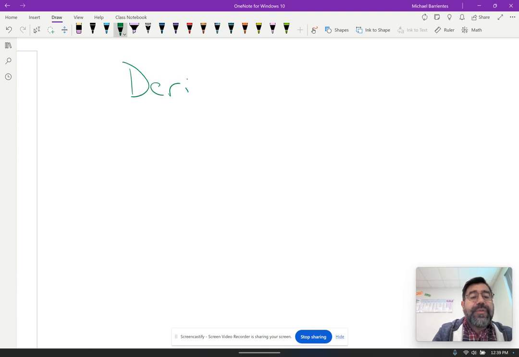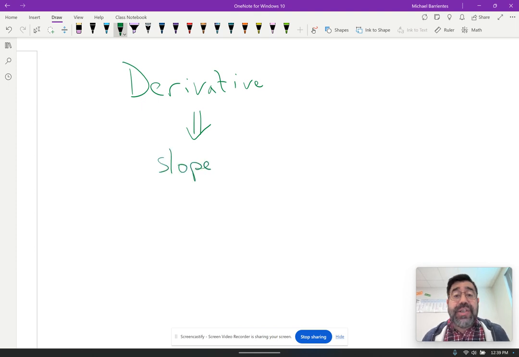So here we have the derivative, which was what all the fall semester was about. The derivative at its very core is just the slope. It's a rate of change. It's telling me how the function is changing at any given time or any given moment of the function.